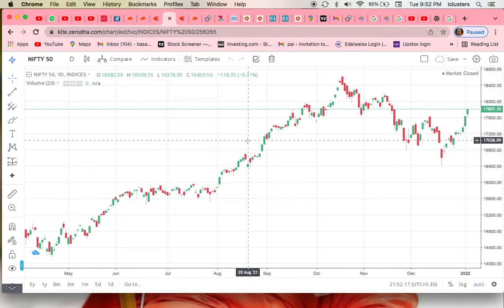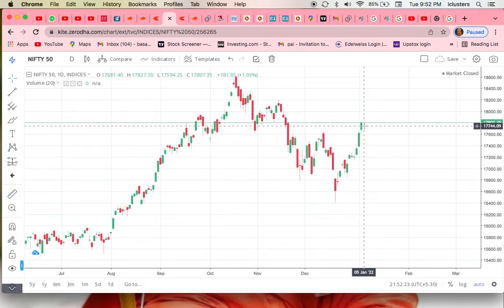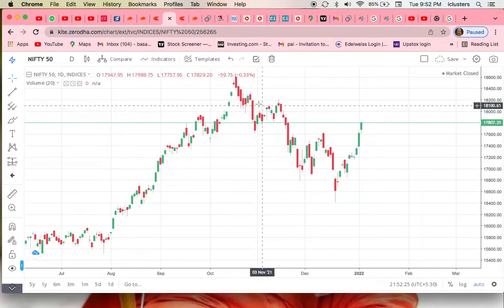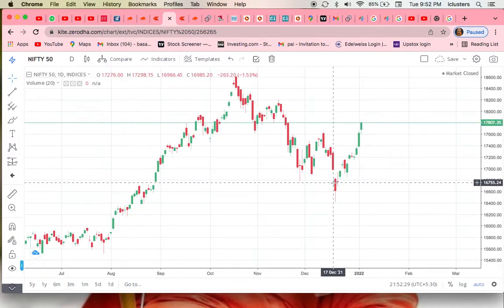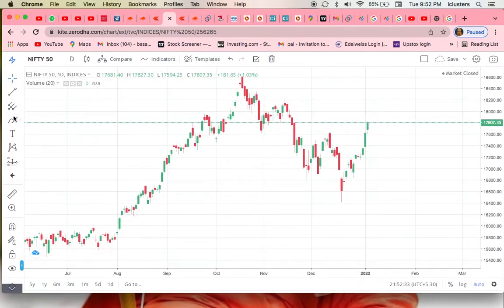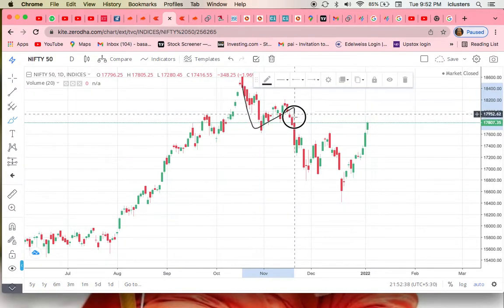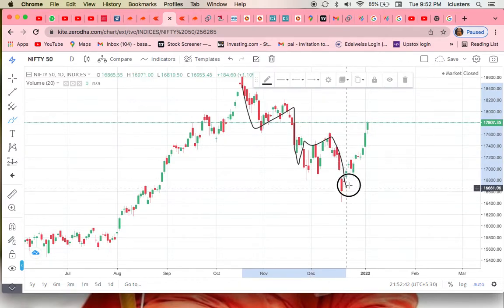This is the chart again. See, friends, a big green candle shows buying pressure, that means a bullish market. Big red candles show a bearish market. Clearly I will tell you, price has fallen from here, here, here, like this.